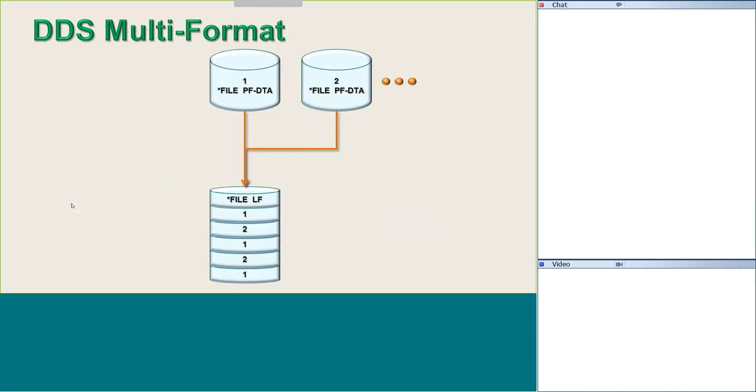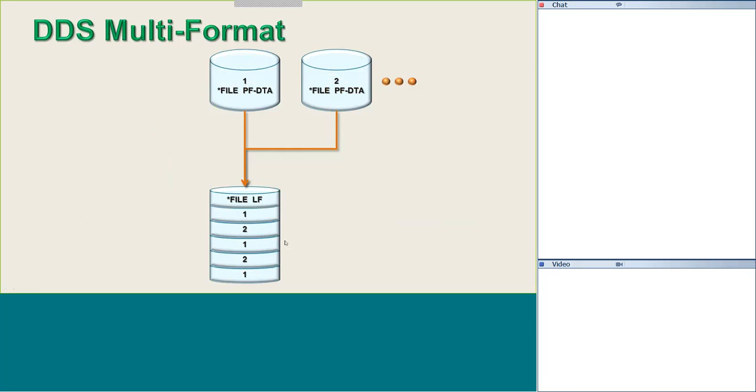Essentially, you create from multiple physical tables a file that contains records of different record structures based on the physical file. So I can have a record structure based on file 1 and merged with a record structure based on file 2, and 1 and 2 and 1 and so on. You're merging these two together.